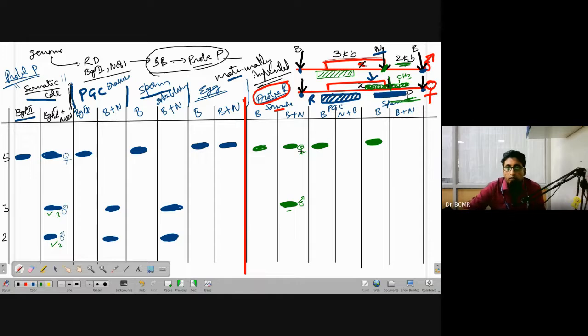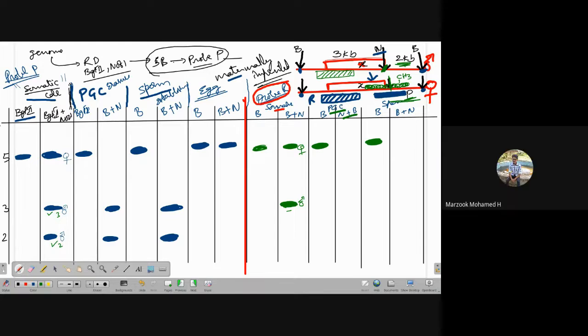So now with primordial germ cells, BGL2 and NotI, what would we expect? Anybody? In primordial germ cells, erasure would have occurred. So we would get only 5 kb, sir?